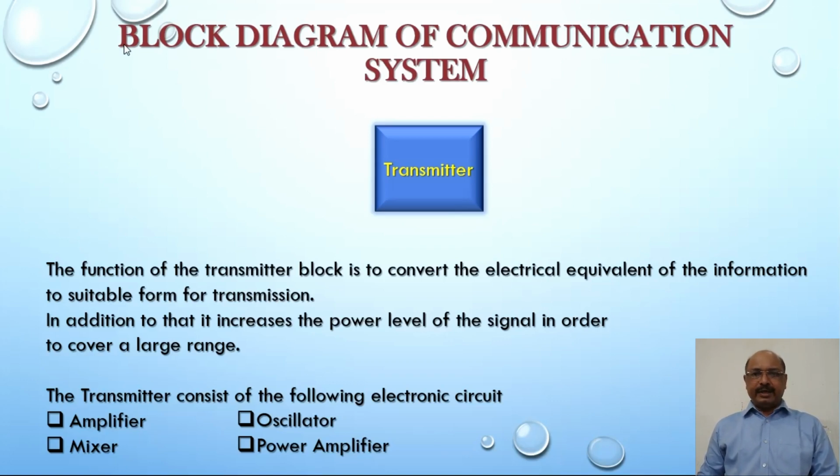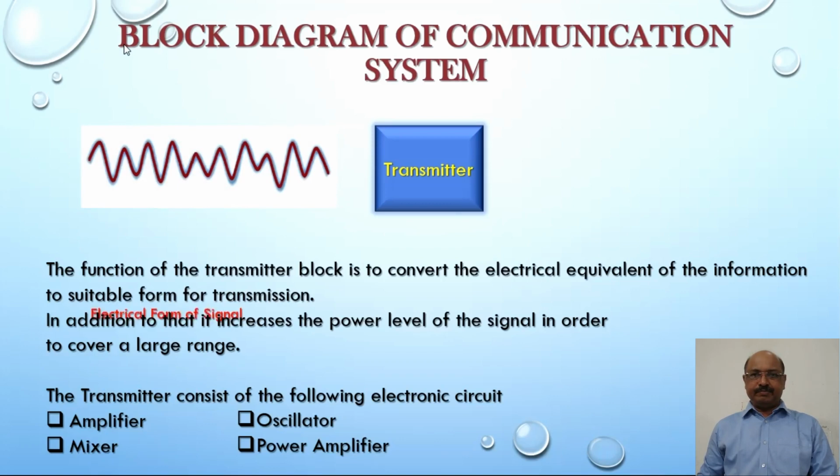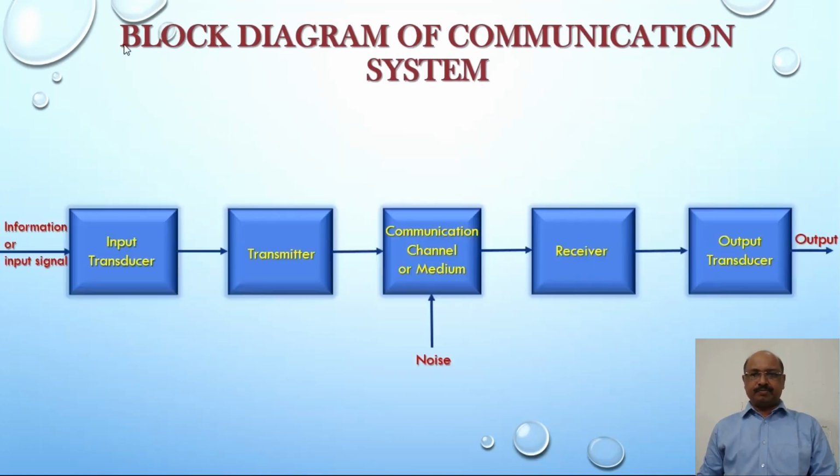In addition to that, it increases the power level of the signal in order to cover a large range. The transmitter consists of the following electronic circuits: amplifier, mixer, oscillator, and power amplifier.